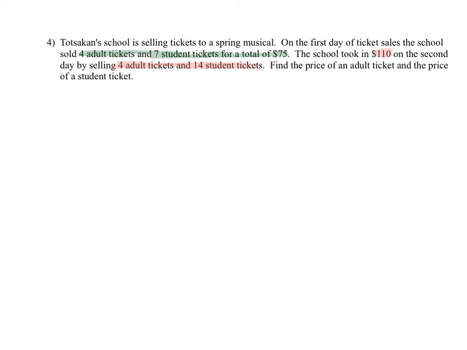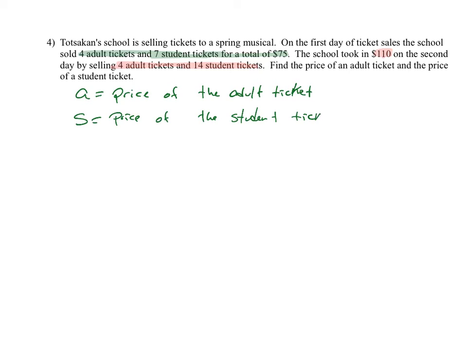A is the price of the adult ticket and S is the price of the student ticket.